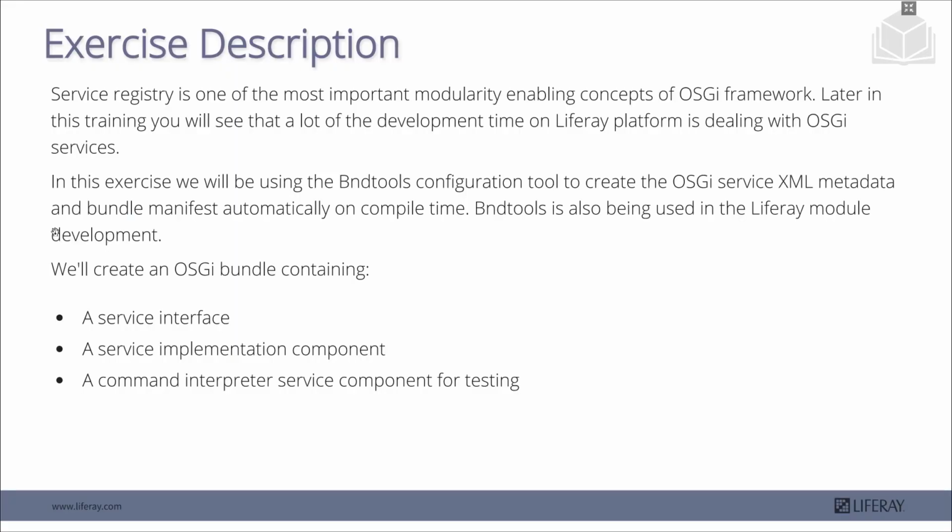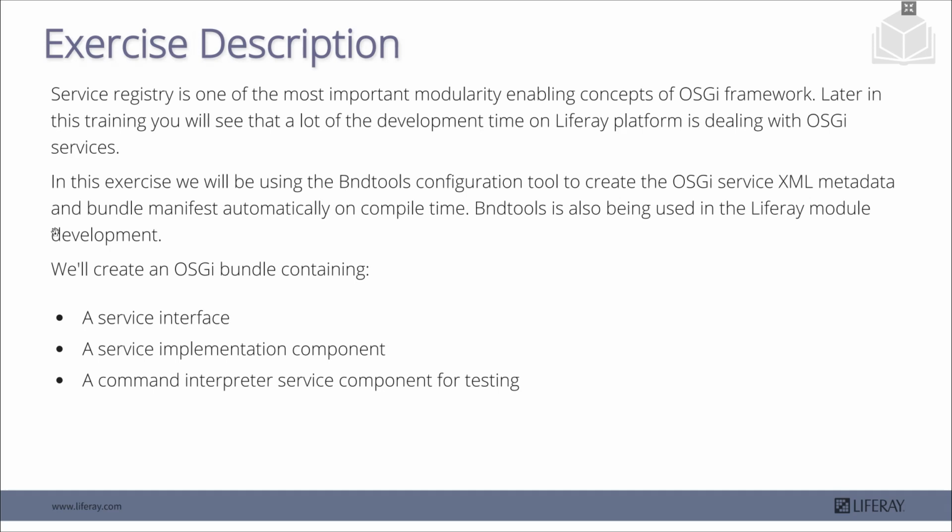So with all that being said, let's go ahead and take a look at what our exercise is going to be looking like. We're going to work on this together. We're going to create an OSGi service with the help of Declarative Services as well as BND tools. Let's take a look at all the logistics of what this exercise is going to be dealing with. As with any service that we have seen so far, there's going to be at least two big aspects that we need to take care of.